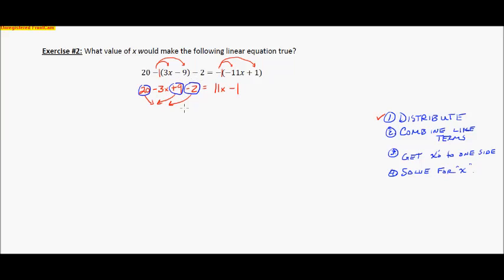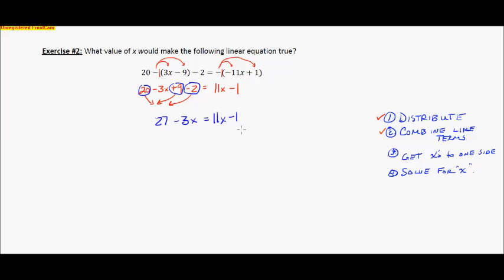So 20 plus 9 is 29, and then minus 2 gives me 27. And then I have this -3x that's simply going to come down for the right. On the other side, I don't have any like terms that I can put together, so I just bring that all down. So I've done step 2 on my list.